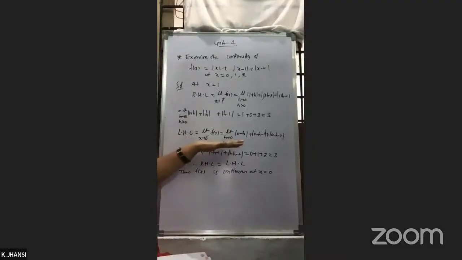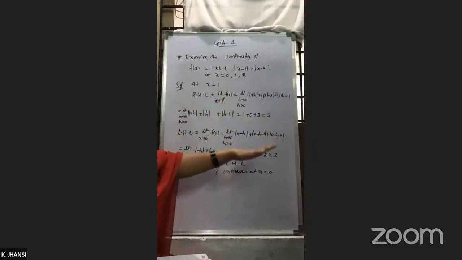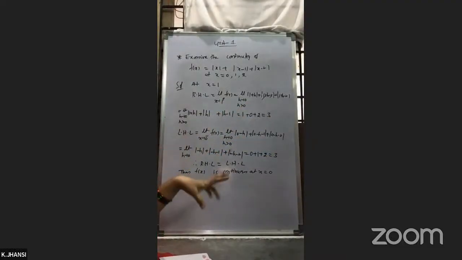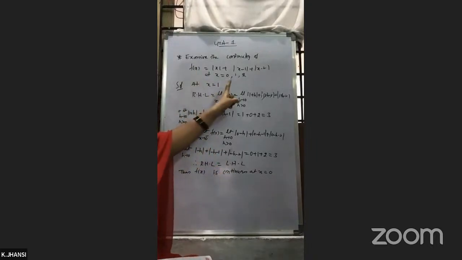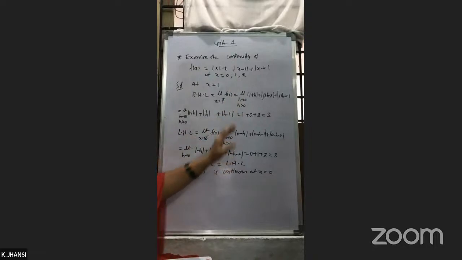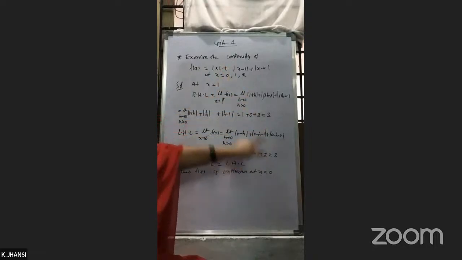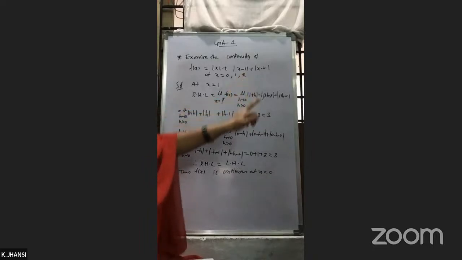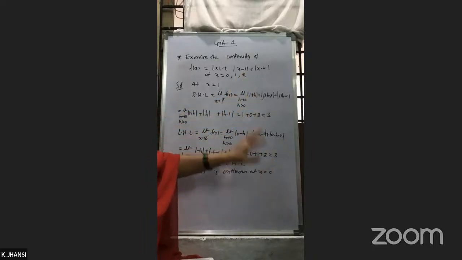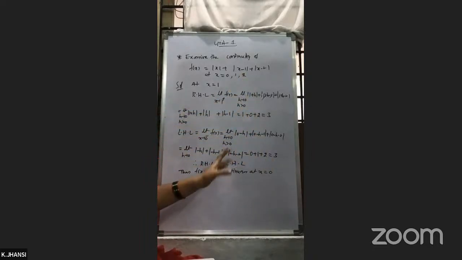At 0, whatever the procedure is, it is the same for 1 and also for the point 2, so it will be a 10 marks question. But at the 3 points, you have to find all the values. For 0, you will get some value, for 1 you will get some other value, for 2 you will get some other value. You will not get all 3 values the same. It will be changing. Okay, remember that.